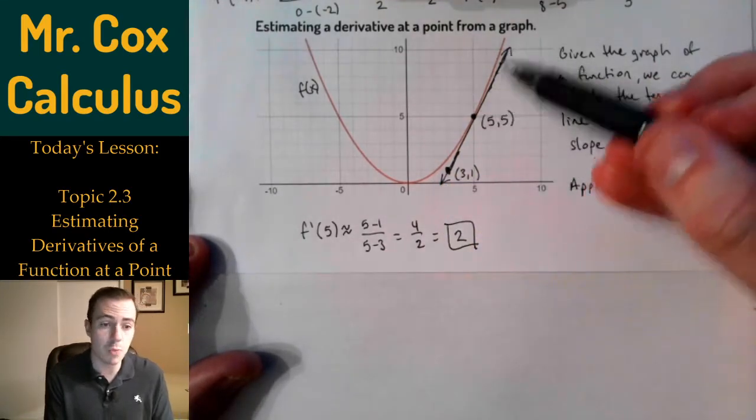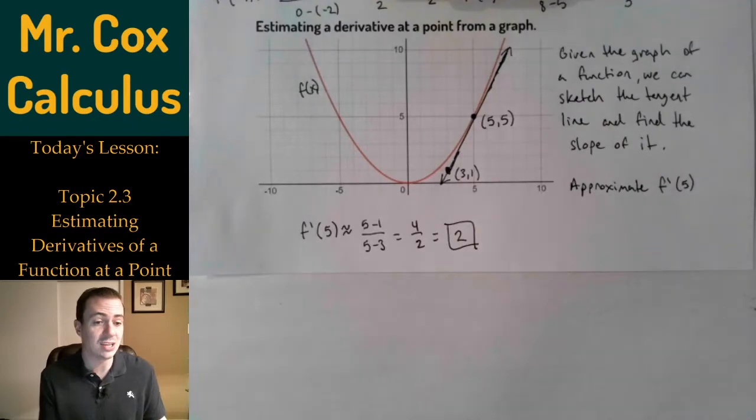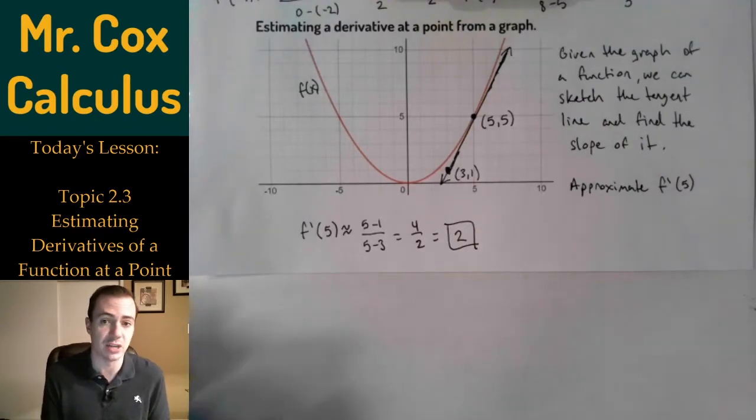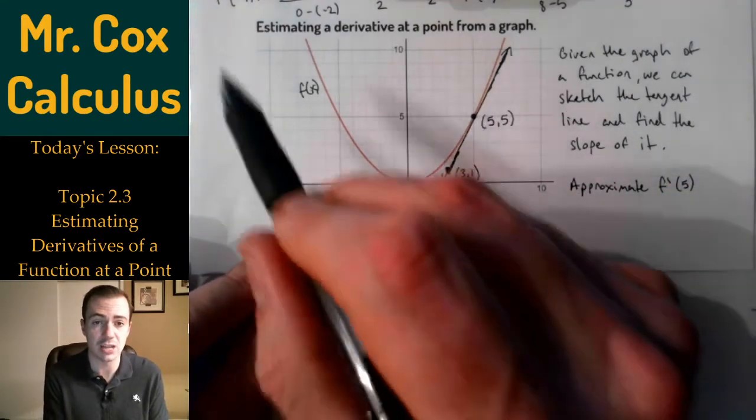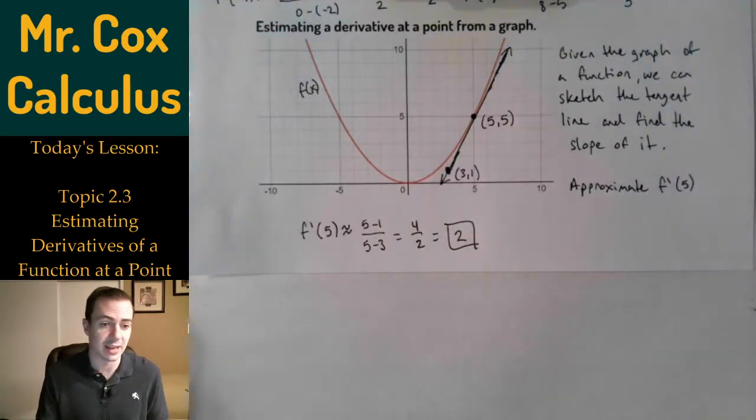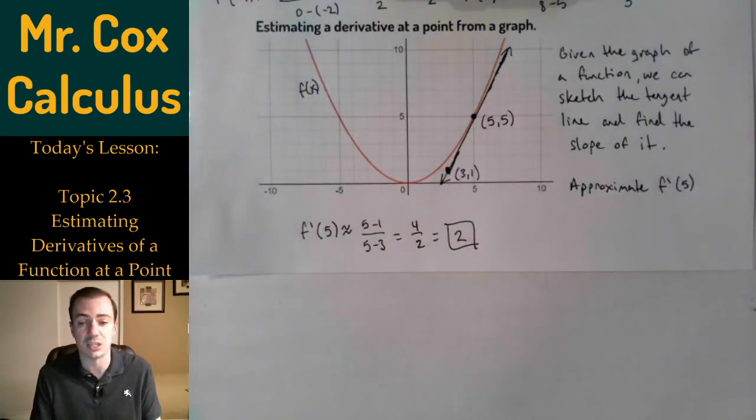So because the slope of this tangent line is 2, I can use that as my approximation for the instantaneous rate of change of this function f of x at x equals 5. I can say my approximation is equal to 2.